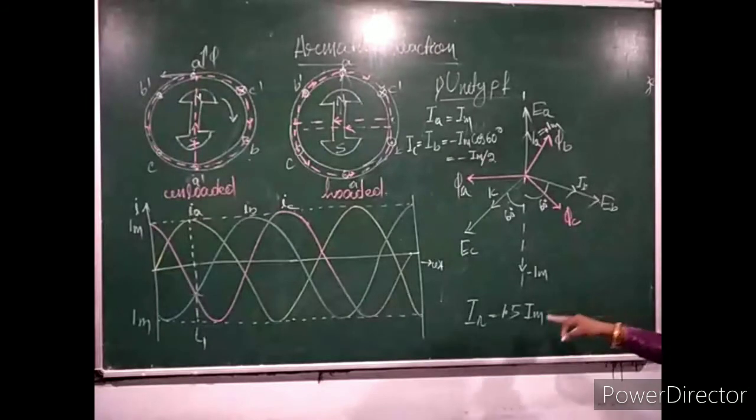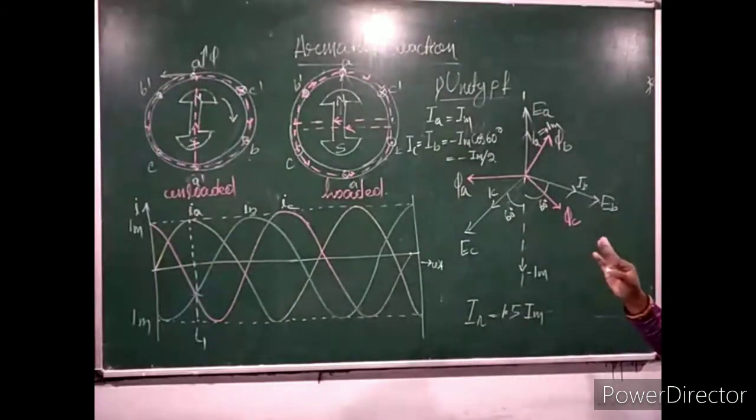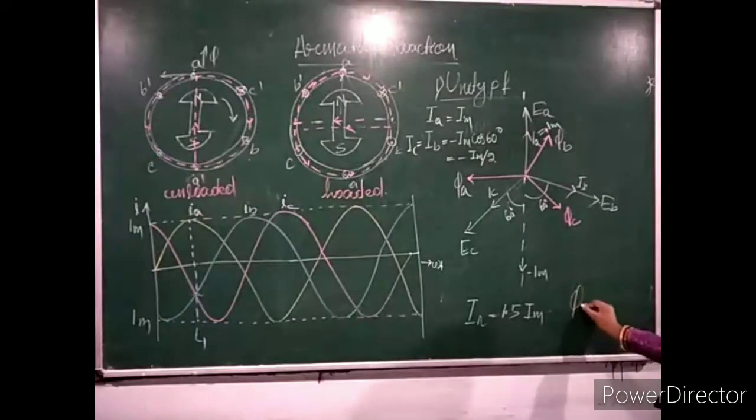Due to this current, flux is produced in the armature conductor, hence the resulting flux value is also 1.5 phi m. Clear? And its direction, how do you decide?